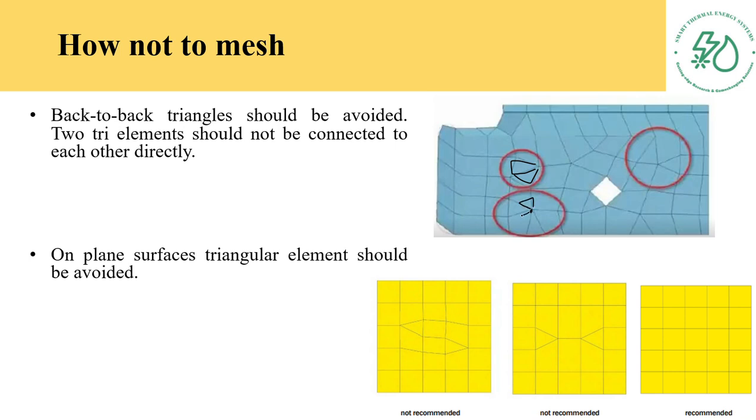These tri-elements like that are wrong. Also, on plane surfaces, triangular elements should be avoided. This simple shape is a plane surface with simple geometry, and you cannot use tri-elements like that in this picture.